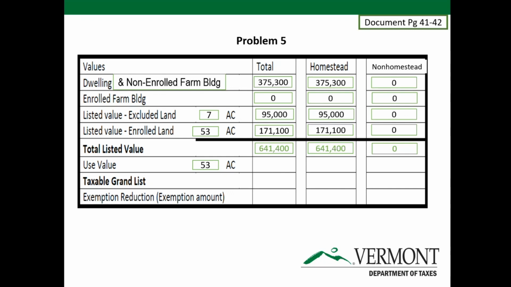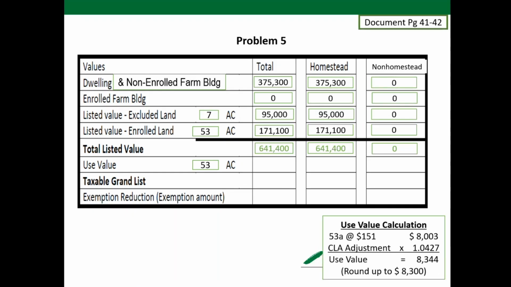All right. So let's move on to calculating the use value for the 53 acres that are enrolled. So we're going to multiply the 53 by 151 for forest value per acre according to the current use board. That result is $8,003.